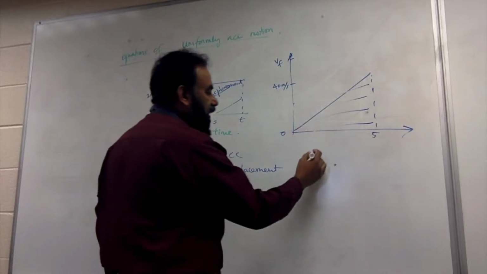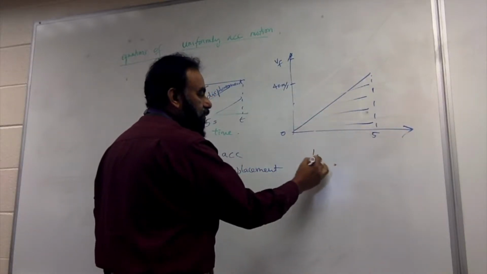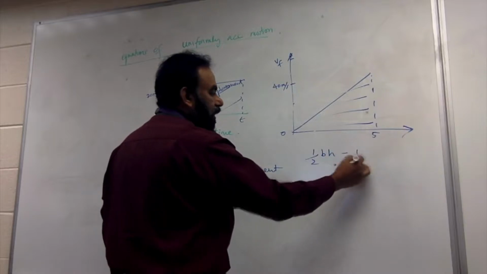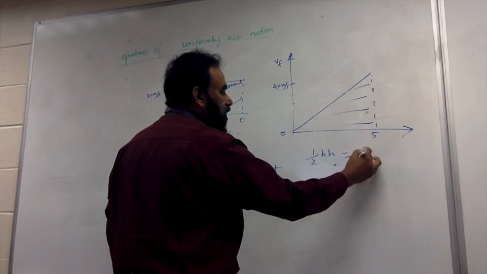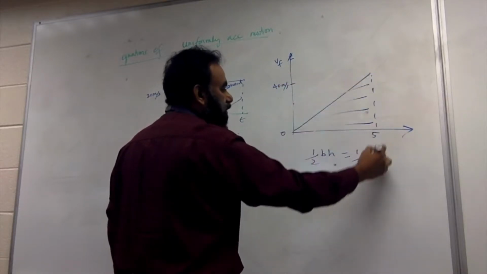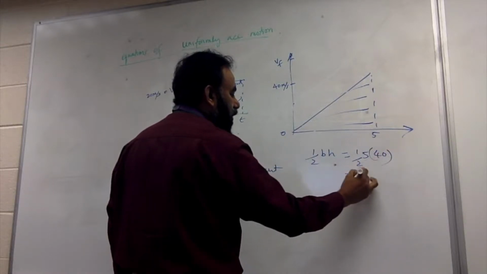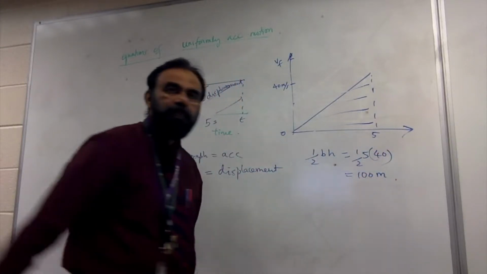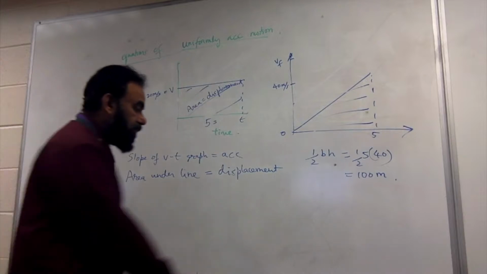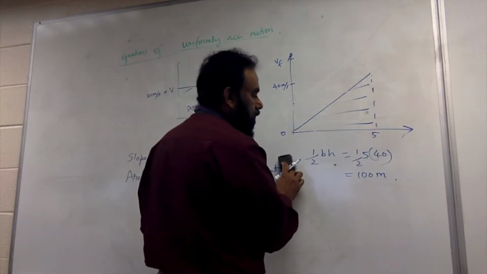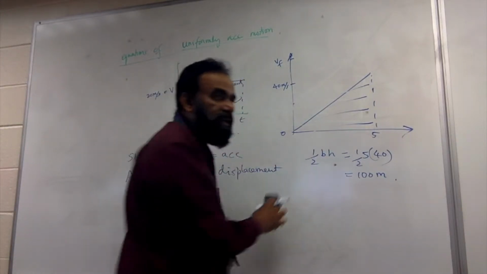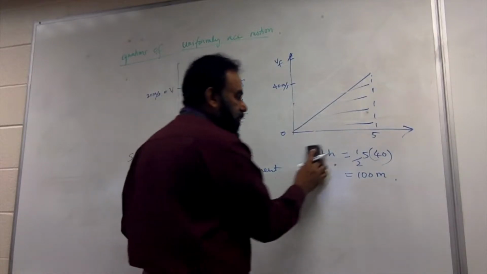What do we do? Find the area of this triangle. So half base times height. Half of 5 times the height, which is 40, will be 100 meters. Get it? So area under the line gives you displacement.